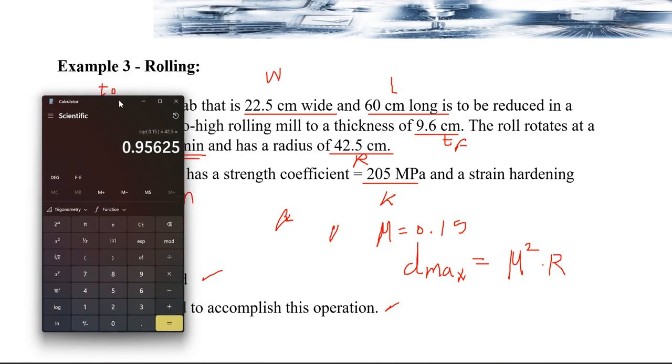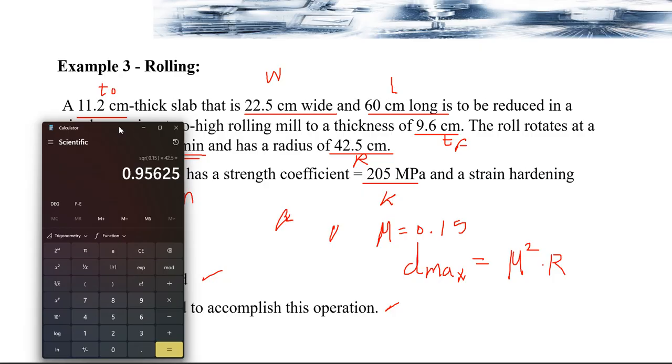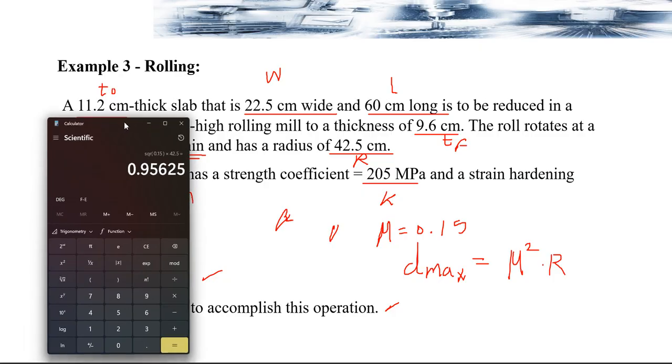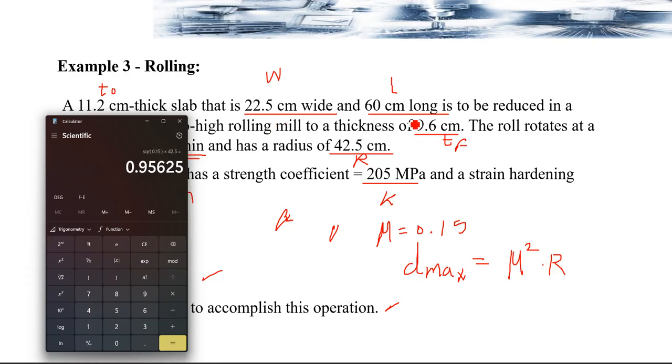So the maximum draft I can get is 0.956 millimeters. Now let's see the actual draft we have. I think that the 0.15 is not going to work. So the draft we have here is 11.2.